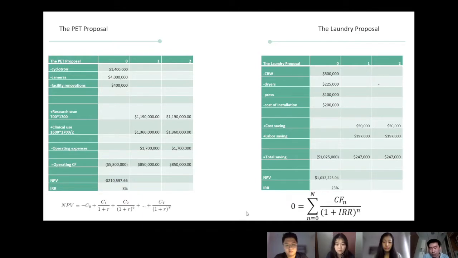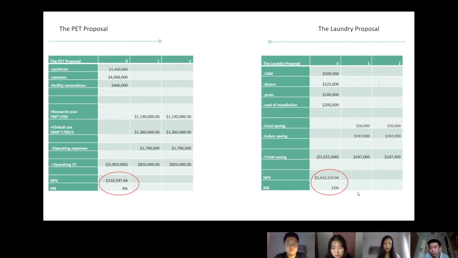The NPV is $1,032,223.94. We know IRR is the value of the discount rate when NPV is 0, according to the formula. Respectively, the IRR of the PT project is 8%, and the IRR of the laundry proposal is 23%. By comparison, we found that the NPV of the PT project is negative, and its IRR is less than the IRR of the laundry project.